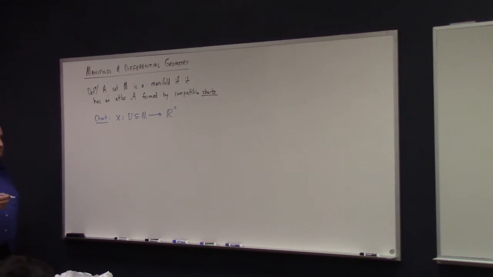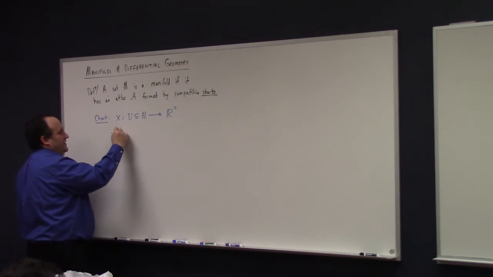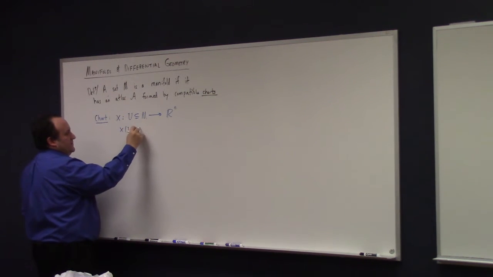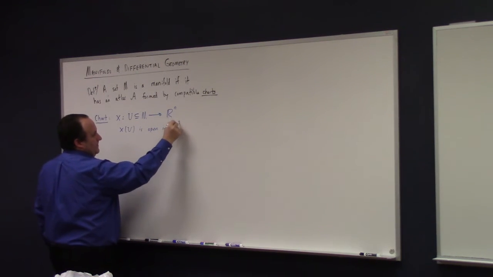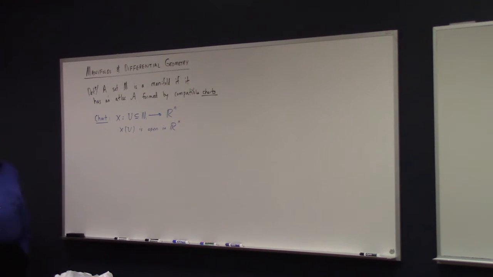And here, the assumption is that the image X of U is open in Rn. I do need you to know what that means, and I know you're just starting topology, so maybe you don't. But what that means is that essentially it's got fuzzy edges. Every point in X of U is an interior point. You can find an open ball around every point. It doesn't have any closed solid edges. So it's an open set. X of U is open.